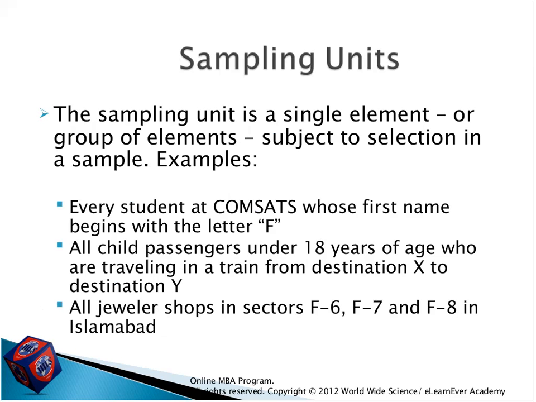For example, every student at ComSats whose first name begins with the letter F can be a sampling unit. Or all child passengers under 18 years of age who are traveling in a train from destination X to Y can be a sampling unit. Or all jewelers' shops in sectors F6, F7, and F8 in Islamabad.